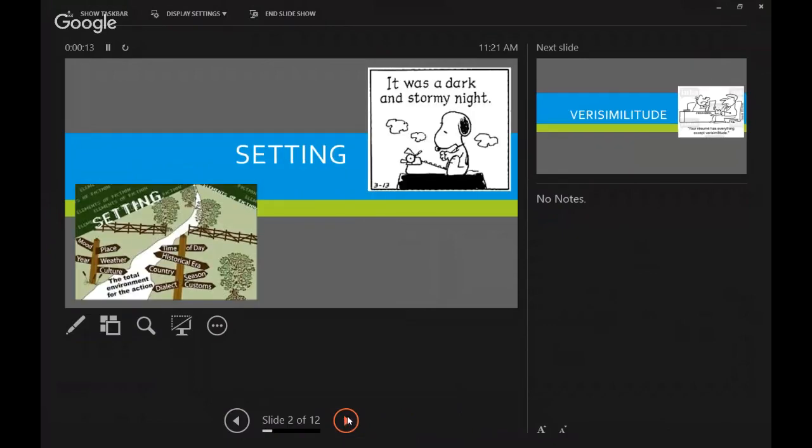Our first word is going to be related to setting, which I know has been drilled into your head a million times. Setting, where and when the story takes place.